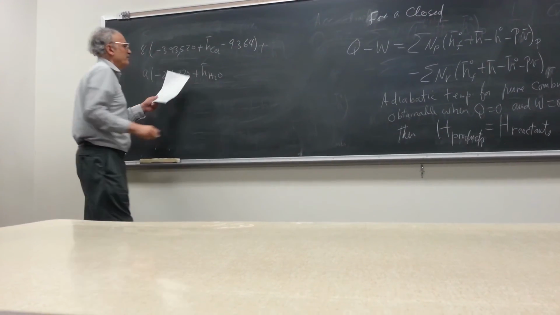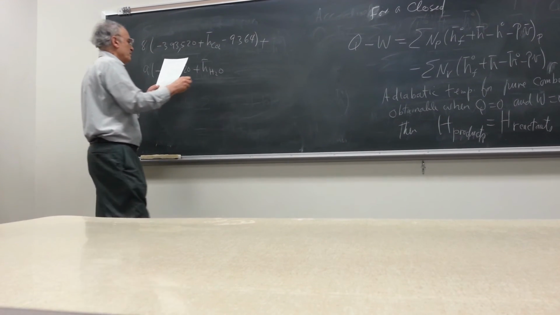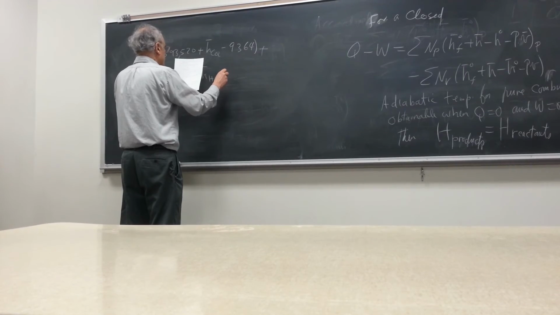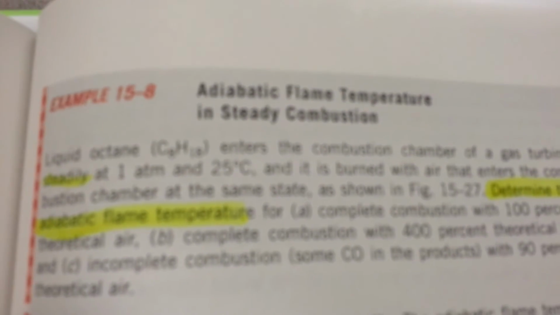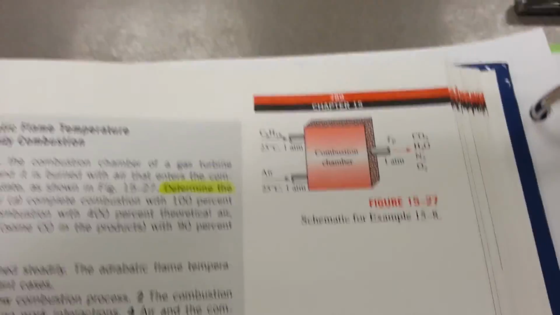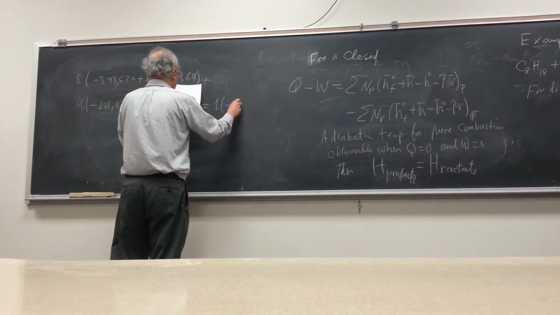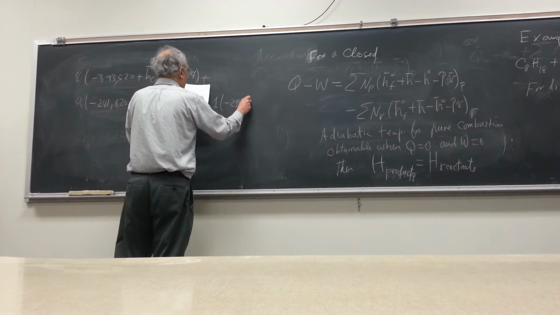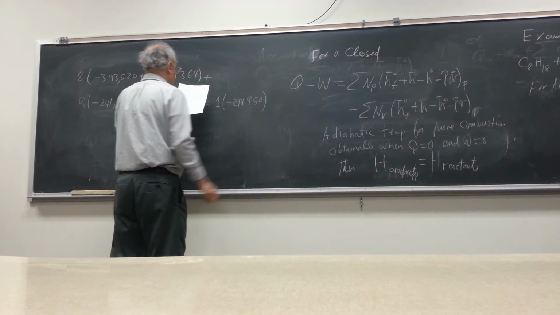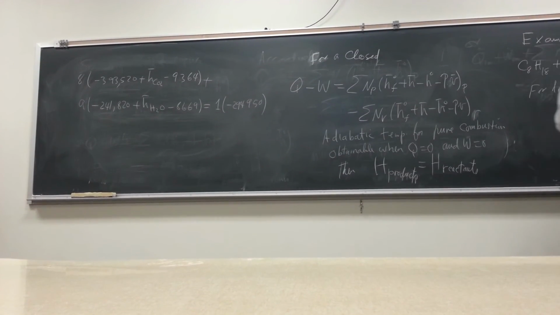We don't know that; we have to leave it blank because we don't know the final temperature. Minus 9 times h-bar H2O at 25 degrees C, which is 8669, this would be equal to 1 mole times minus 249,950. A 50 is missing here.